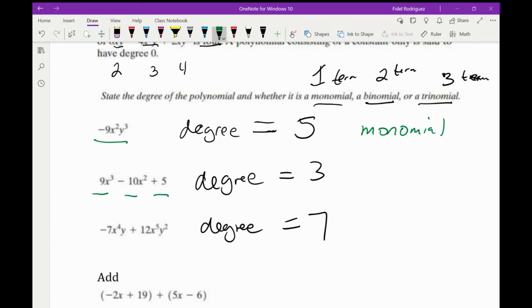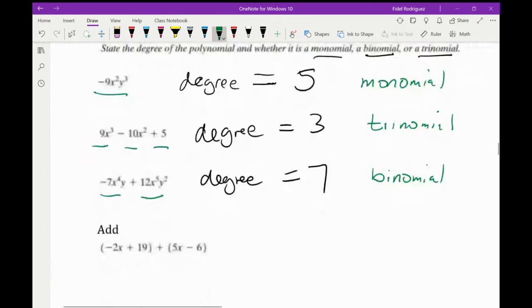There's 1, 2, 3 pieces, so this is a trinomial. And then there's 1 and 2 pieces, so this is a binomial. Okay. So a monomial just means one piece, binomial is 2, and trinomial is 3, okay?